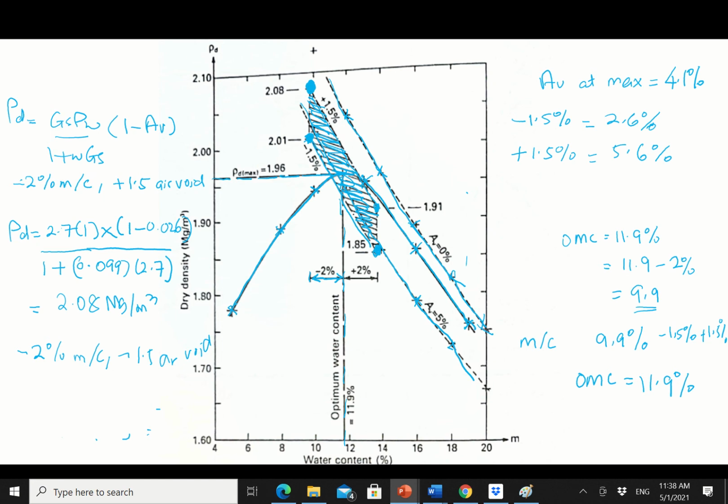Please do tutorial number 3 to see the differences of cases for compaction. I think this will be the last case that you can use for the compaction discussion. And next, what we will do is discuss consolidation. That's all. Thank you.